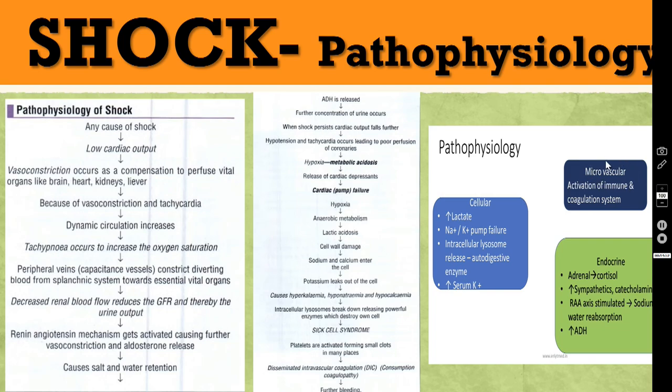Coming to the microvascular level, there is activation of the immune and coagulation systems. At the endocrine level, the adrenal will secrete cortisol, with increased sympathetic activity and catecholamines. The renin-angiotensin axis is stimulated, which will result in sodium and water reabsorption and increased ADH secretion. So in summary, this is what is happening at the cellular level, the microvascular level, and the endocrine level.